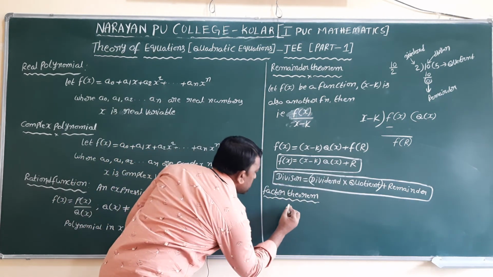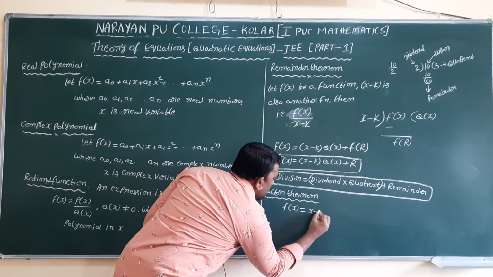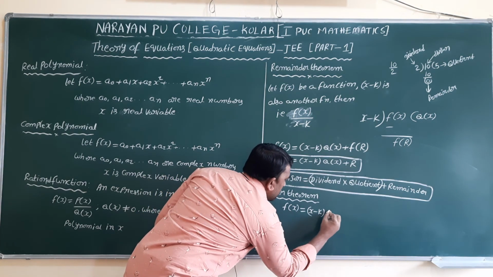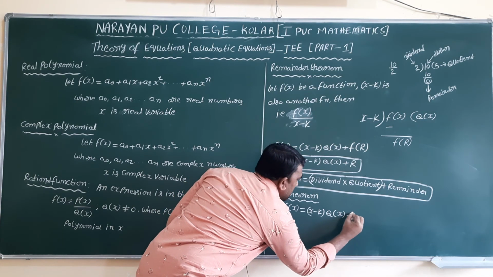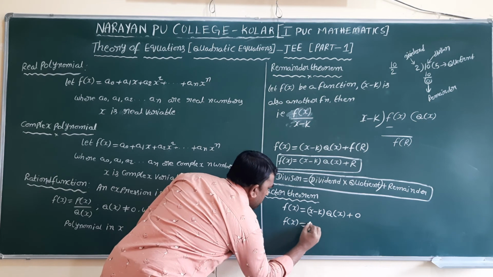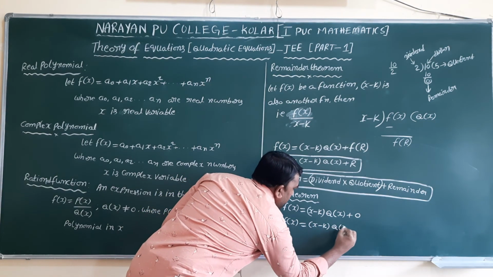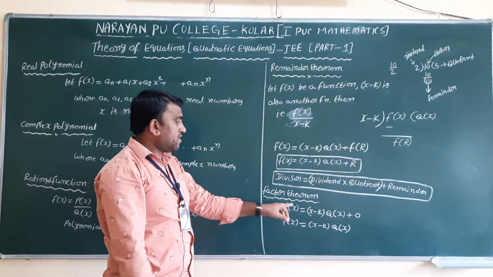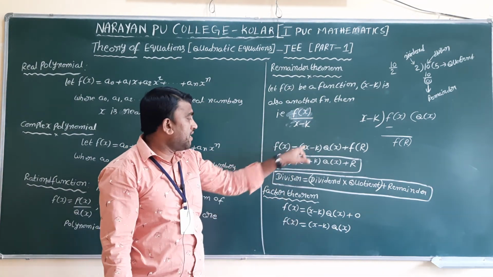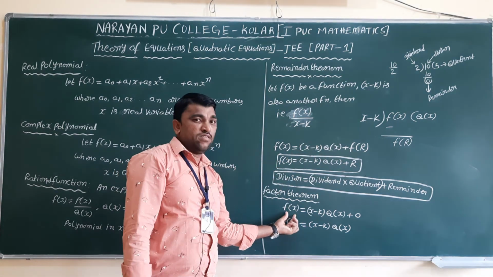Then how to express this? f of x equal to x minus k into q of x, remainder is 0. So finally f of x equal to x minus k into q of x, no remainder. That is the factor theorem. Then we can say x minus k is a factor of f of x.